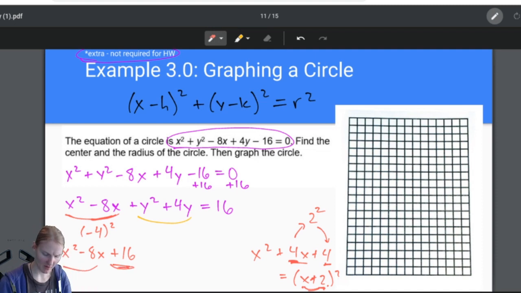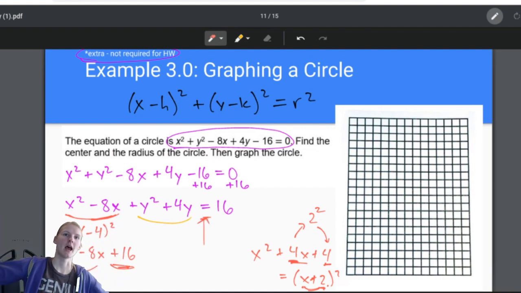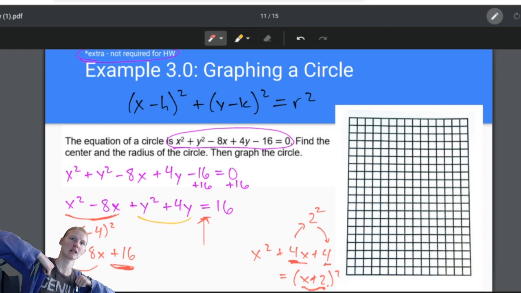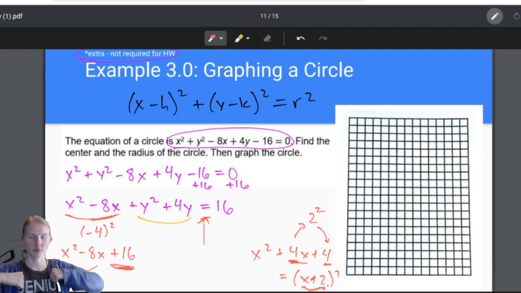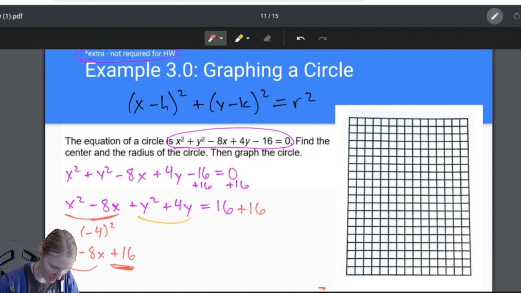Equations are like teeter-totters for your balancing. If you just shove a 16 on one side of the teeter-totter, now it's unbalanced. So in order to keep it upright, we need to put a 16 over here as well. 16 on both sides.